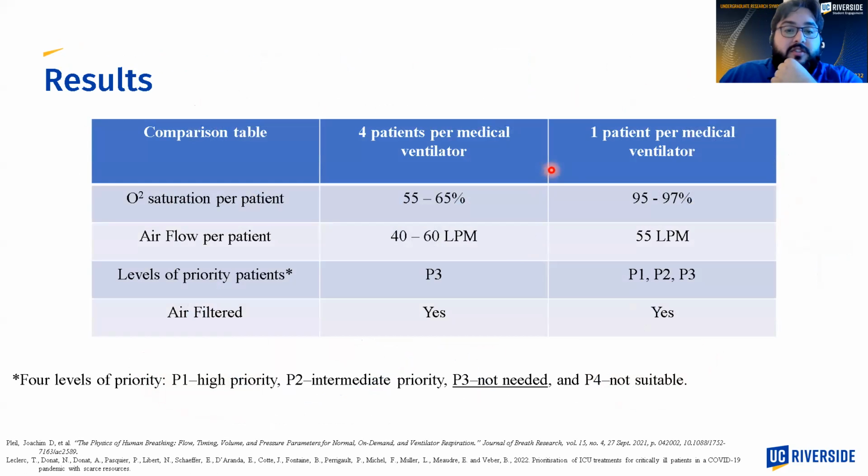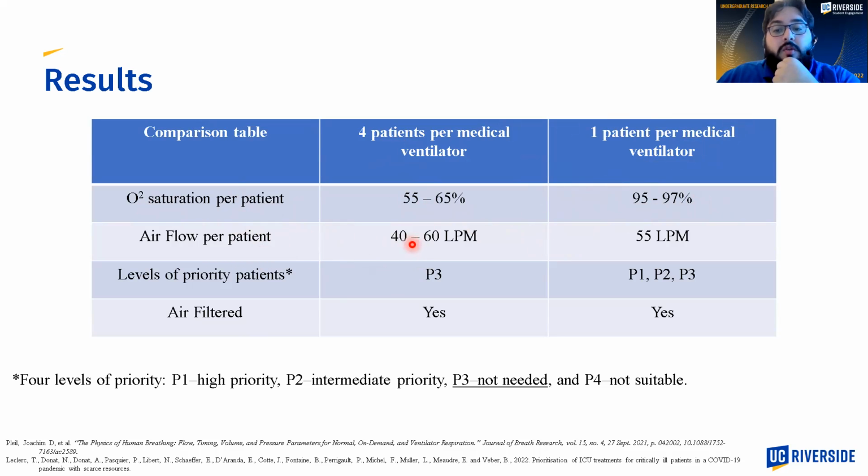Now, here are the results. So what's the difference between having 4 patients on one medical ventilator compared to 1 patient per medical ventilator? Well, the main difference, as you can see, is the O2 saturation per patient is 55 to 65% compared to ideally 95 to 97%, which is usually addressed whenever a patient is hooked up to the medical ventilator.